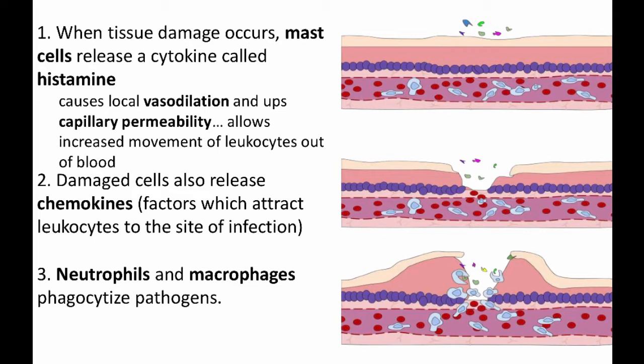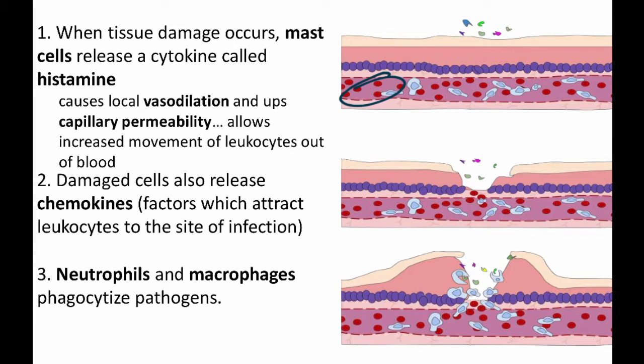So it increases blood flow to the area, and it also makes the capillaries leakier. That allows for easier movement of white blood cells, such as neutrophils and monocytes, out of the bloodstream and into the tissue.